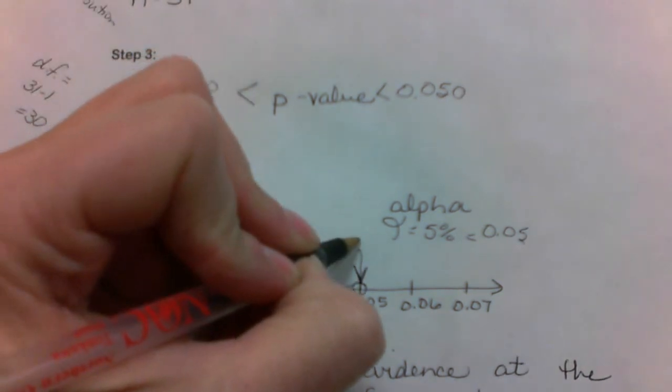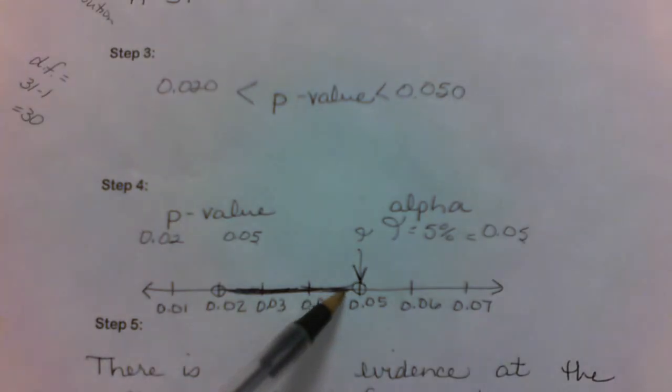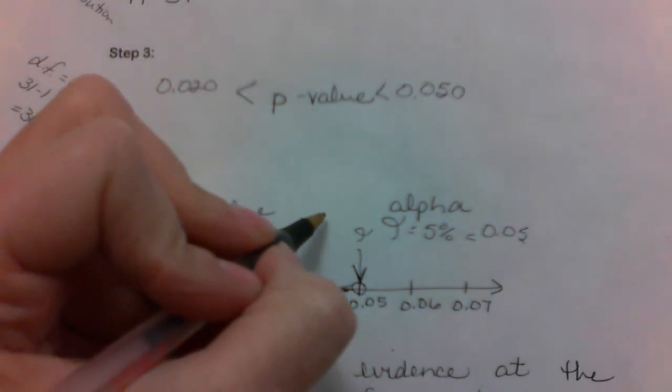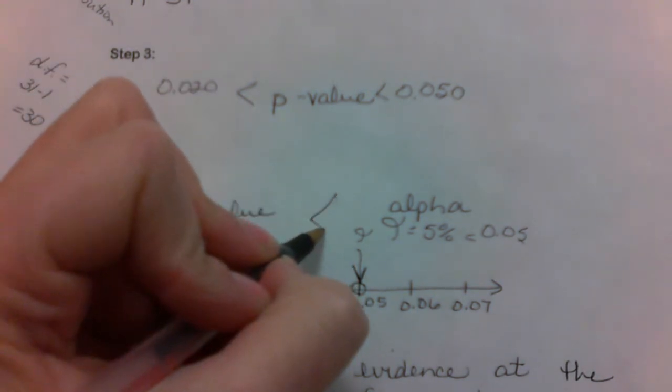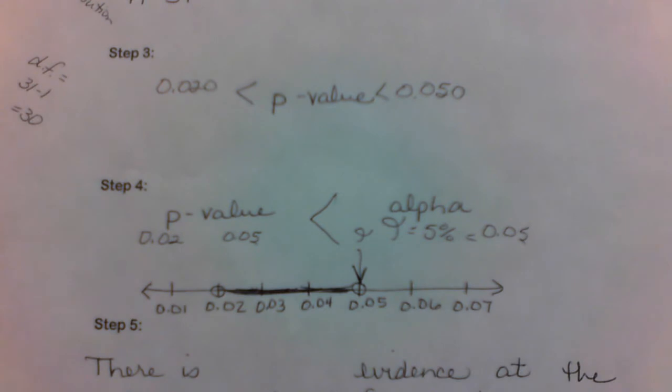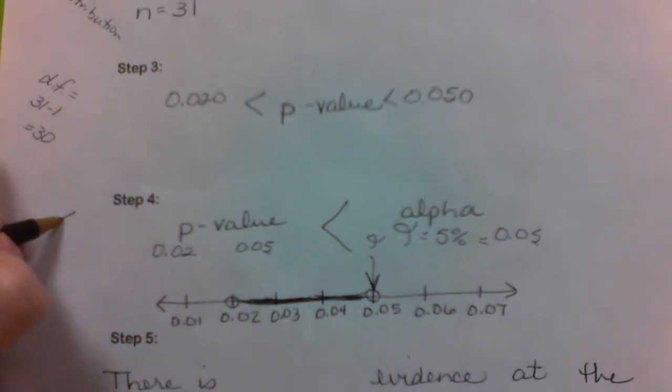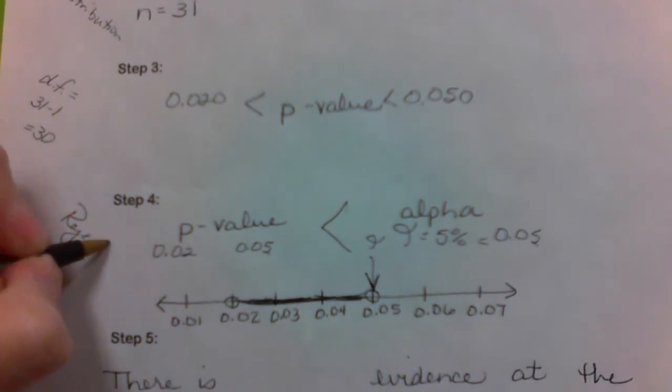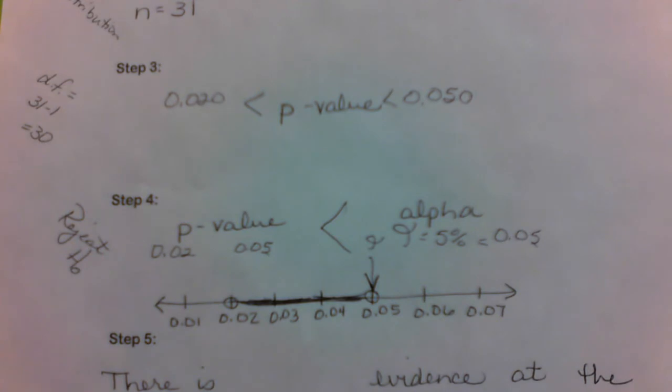Here is my alpha. Well, all of this that is shaded, although it's very close to alpha, it is slightly less than. So since it is less than, we know that we will reject, because less than means to reject, the null.